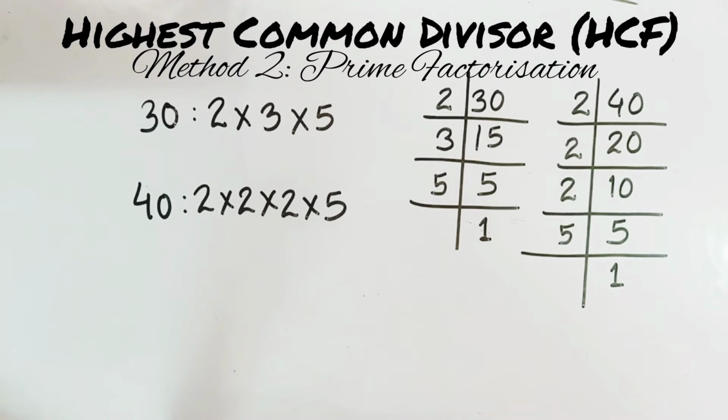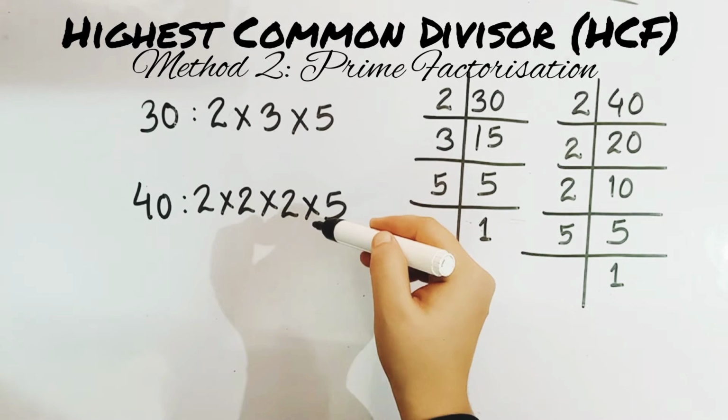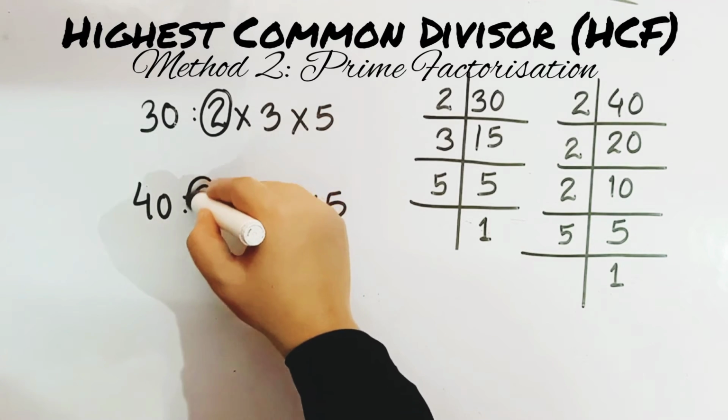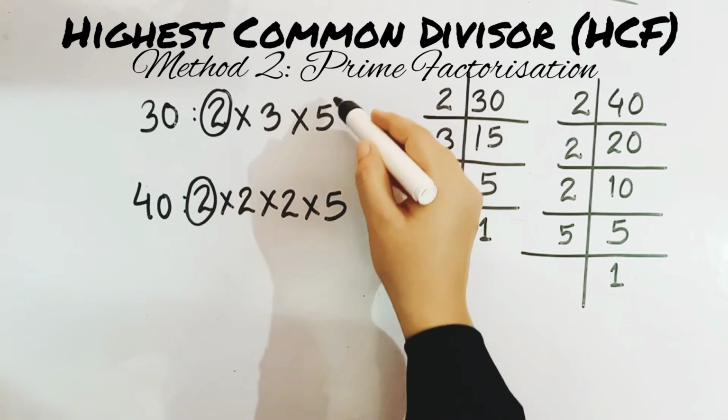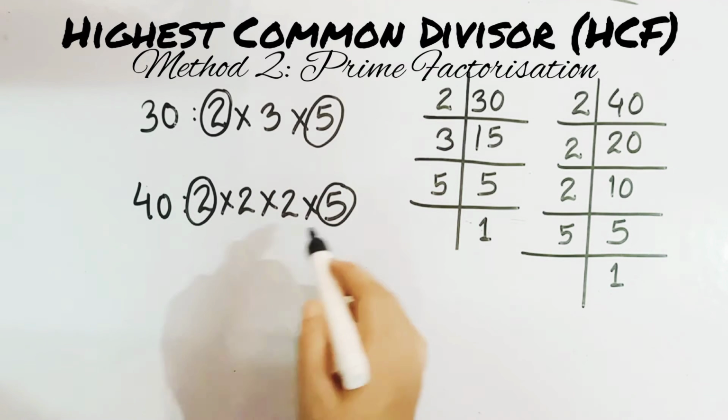Now to find the HCF, we first list out the common factors. 2, and next 5. So we have only two common factors here, 2 and 5.